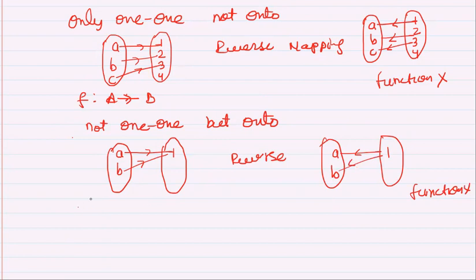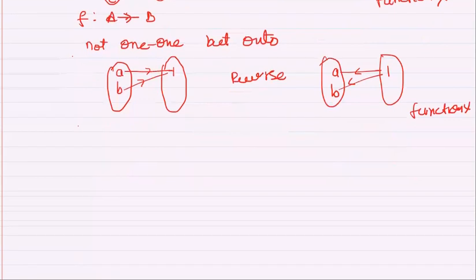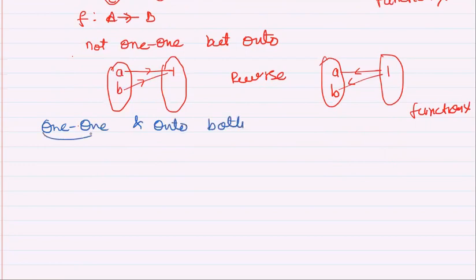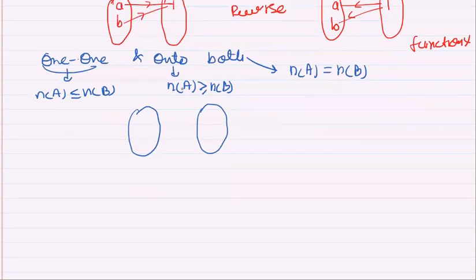Okay. Now we come to the last one: one-one and onto, both. For one-one, nA is less than or equal to nB. And for onto, nA is greater than or equal to nB. So both means nA is equal to nB. Understood? It's a very simple thing, not so difficult.